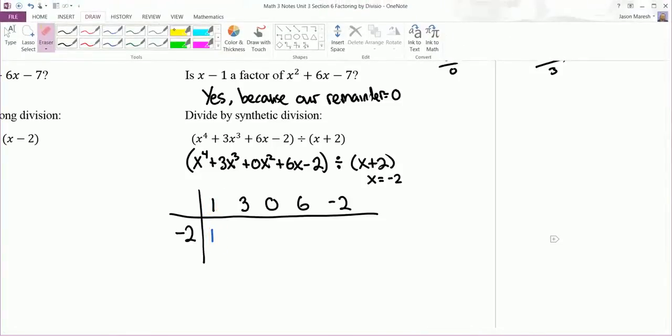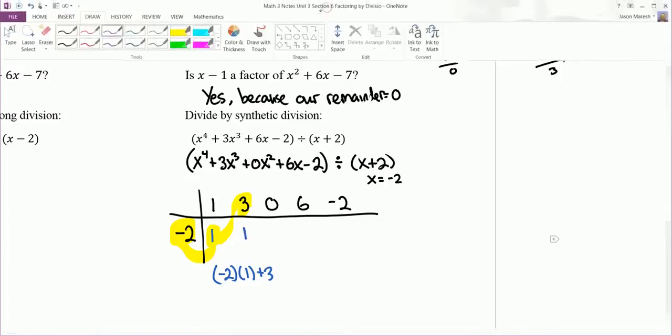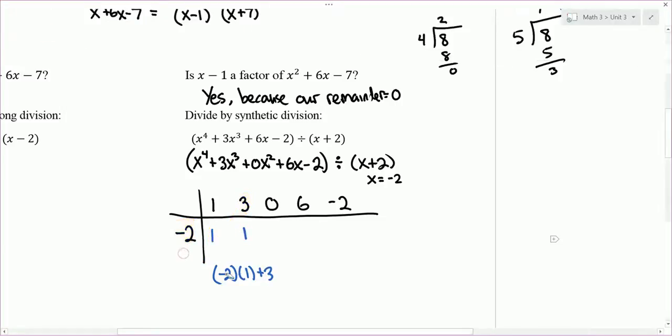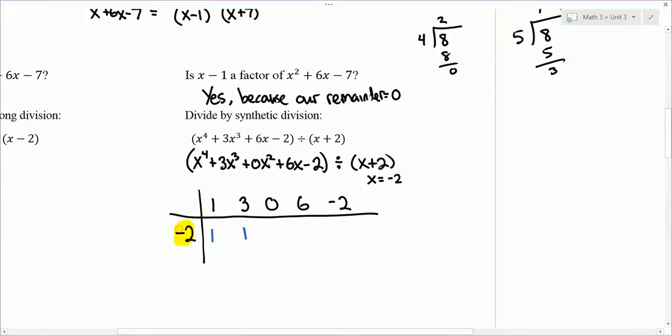Then take negative 2 times 1 and add it to 3. Negative 2 times 1 is negative 2, plus 3 gives you 1, and you put your answer here. Repeat that.